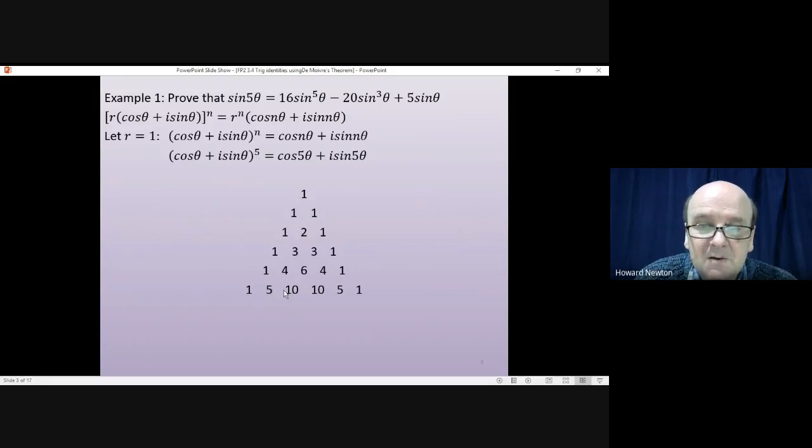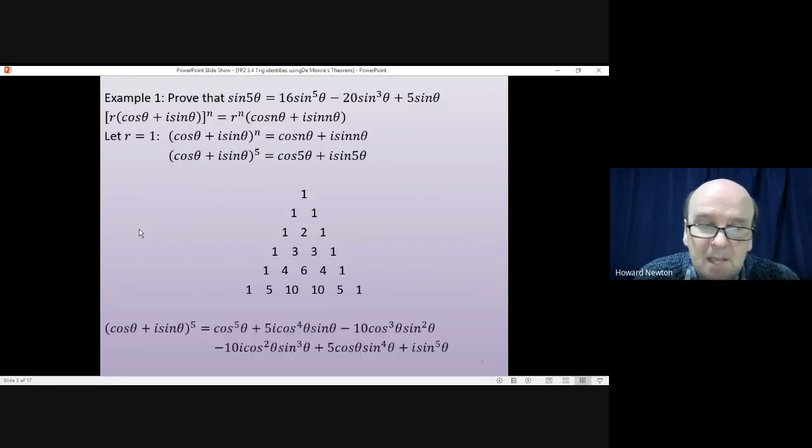And because it's a power of 5, those will be the coefficients, 1, 5, 10, 10, 5, and 1. And the pattern is that you start off with cos to the 5 theta, if you're taking cos from each of the 5 brackets. And then the powers of cos go down by 1, the powers of sine go up by 1. The coefficients are just these numbers, but we do need to be careful with the i's.